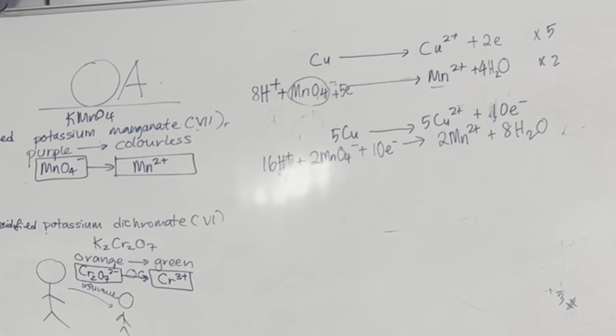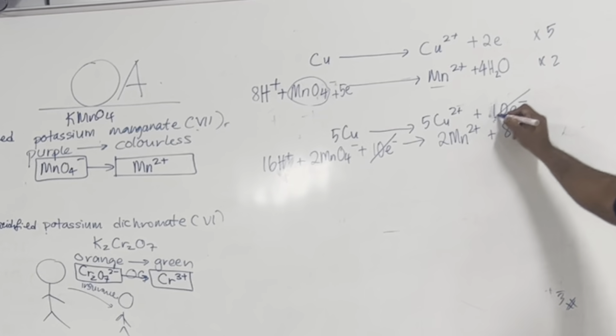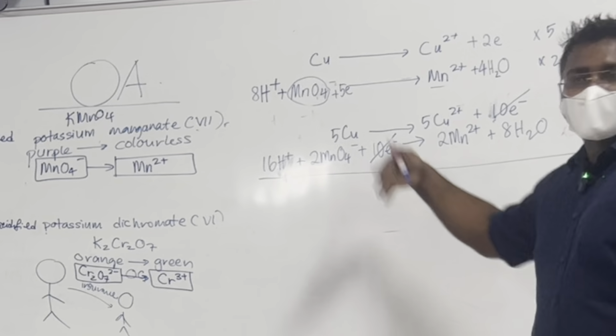Now I'm going to add these two equations, similar to what I've done earlier. The electron and electron will cancel, and I just need to rewrite this again.